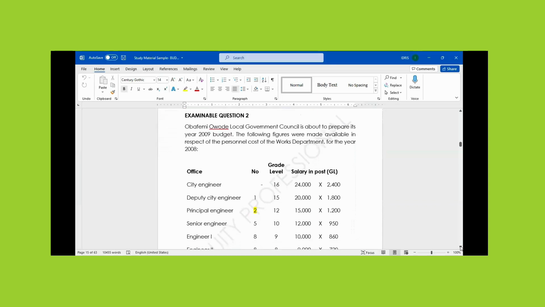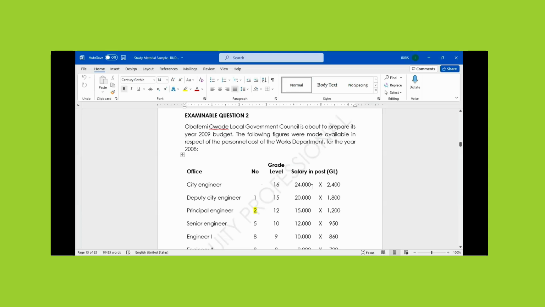Obafemi Owode local government is about to prepare its 2009 budget. The following figures were made available in respect of the personnel cost of the work department for the year 2008. We have office, city engineer, number in post, none. Grade level, grade 16.